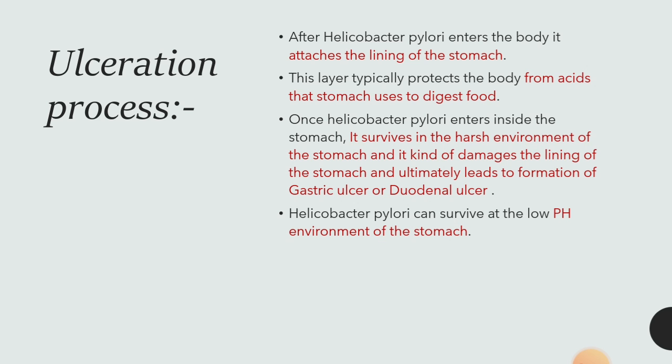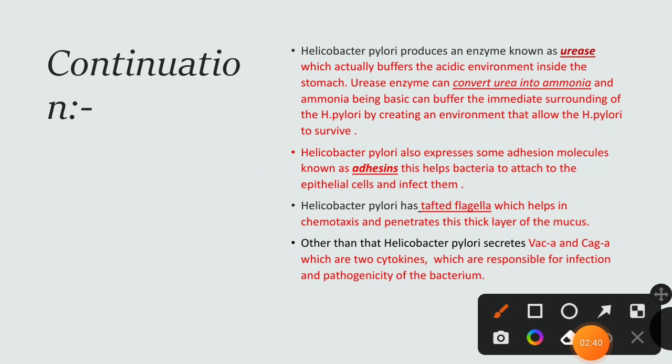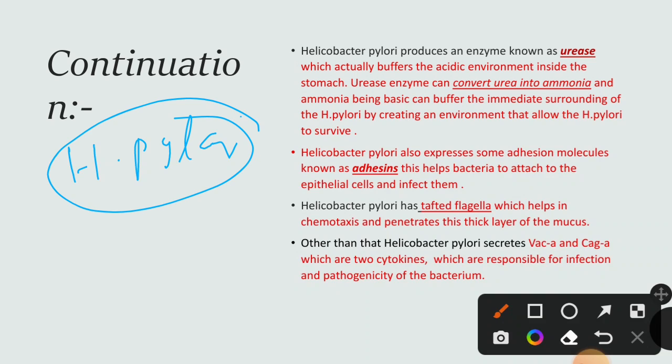So now let's talk about how this is done. The first step of Helicobacter pylori after entering the stomach is ensuring its survival. So how can it ensure its survival?